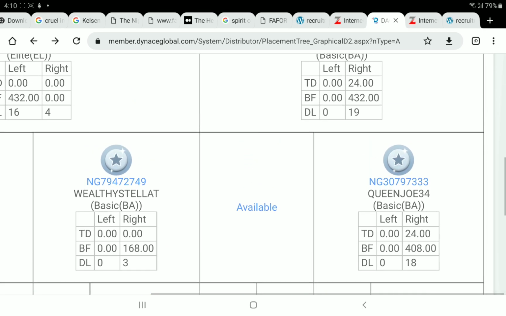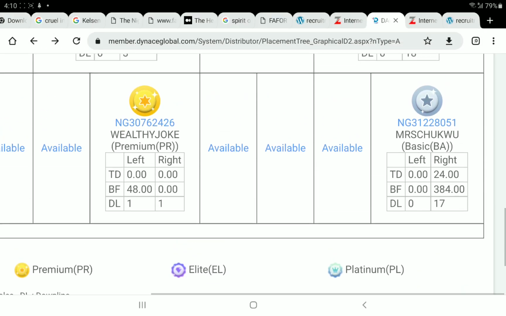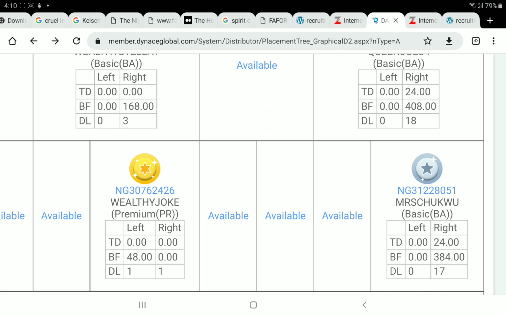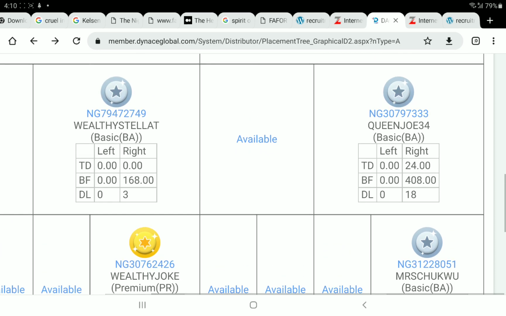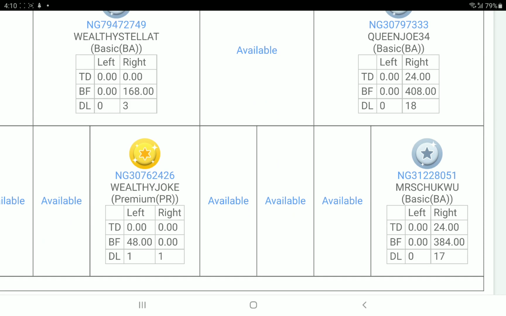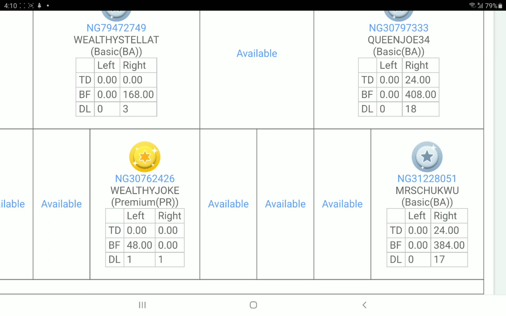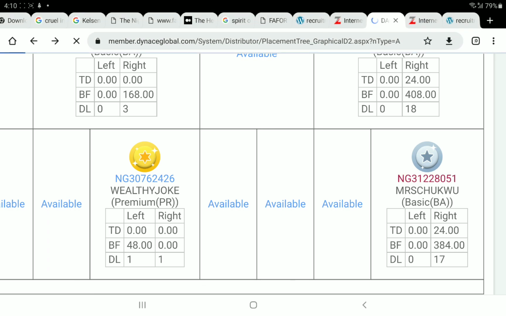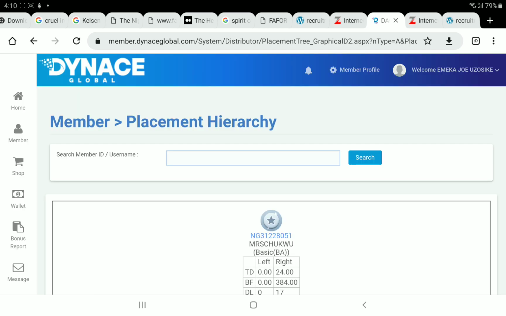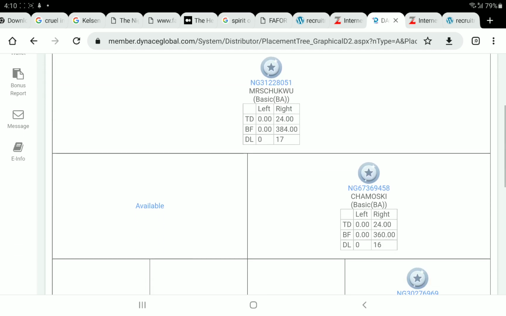Left of Stephen has two binary. Don't forget, every time you register a person, it opens up the binary left and right. Now under Queen Joe, you have an available left. So if you go to the membership ID, which is Miss Shuku membership ID, you will see the continuous placement of the registration that was done by Endless Joe to support his team.